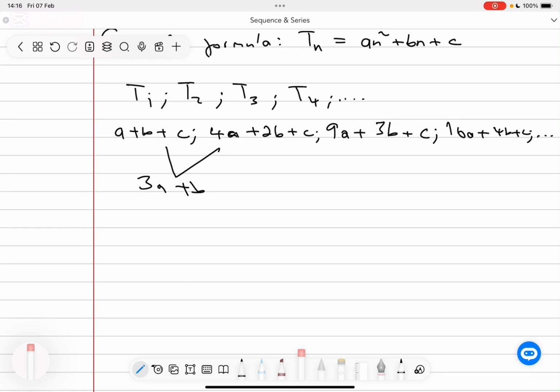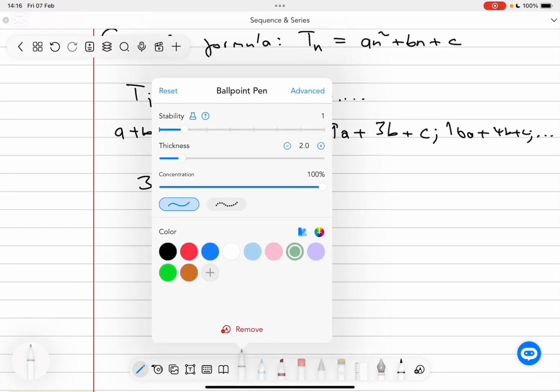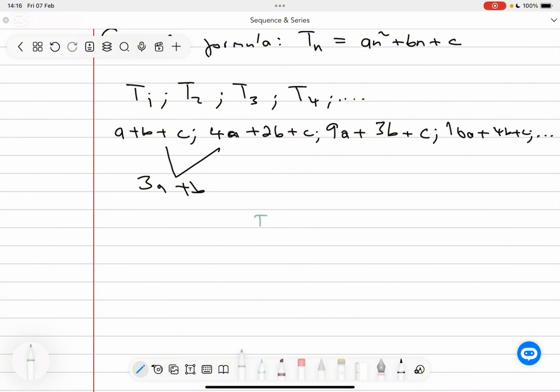Then we are going to do the same mathematics by saying term 3 minus term 2. Now I'm saying that this term 3 minus this term 2, what difference do we get? Now this would be 9a plus 3b plus c, and we're subtracting here 4a plus 2b plus c.